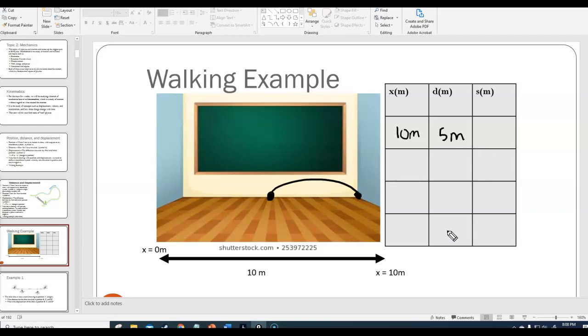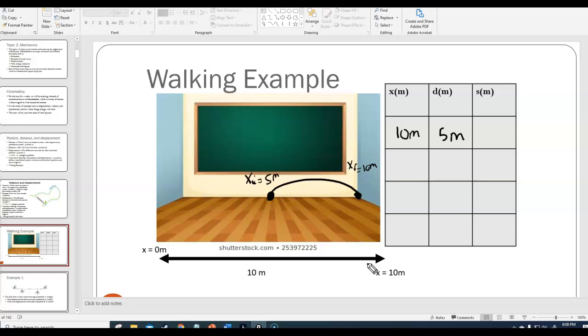What is my displacement? Okay, now in this example, I have set my initial position, I'm going to call that xi, to be 5 meters. Okay, and because I've walked to here, at least for right now, my final position is 10 meters.